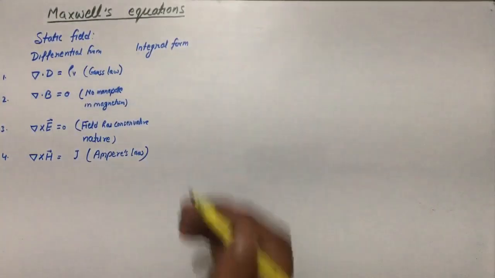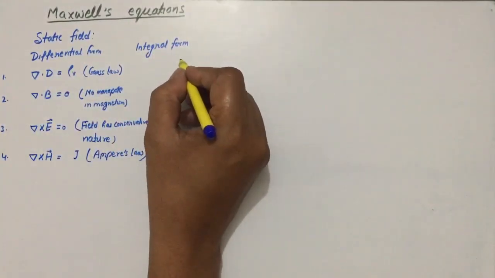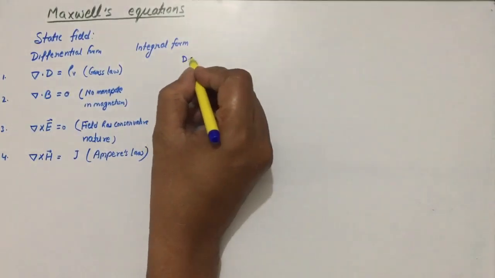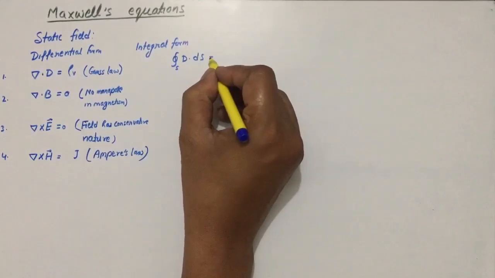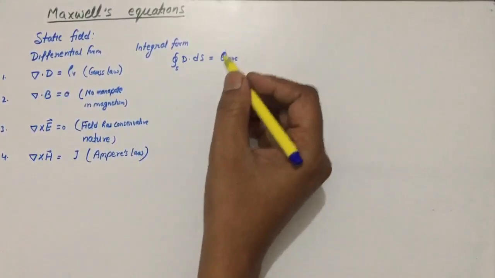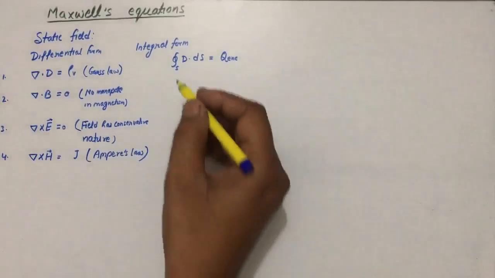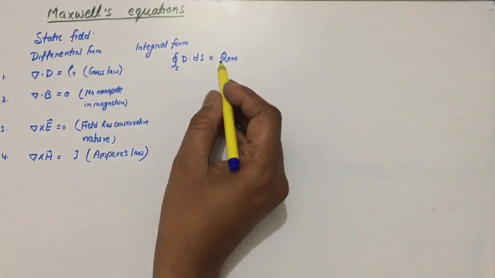In integral form, this is just D dot ds for the closed surface. It is flux, that is charge enclosed. D dot ds is equal to the charge enclosed.